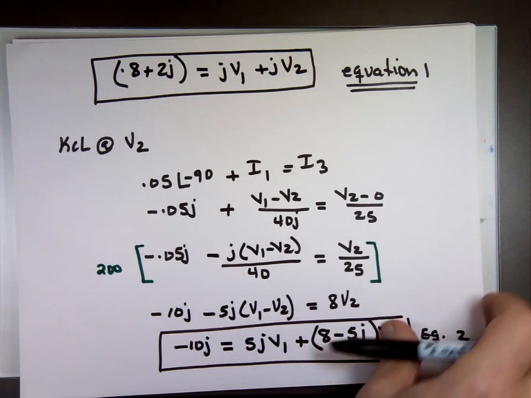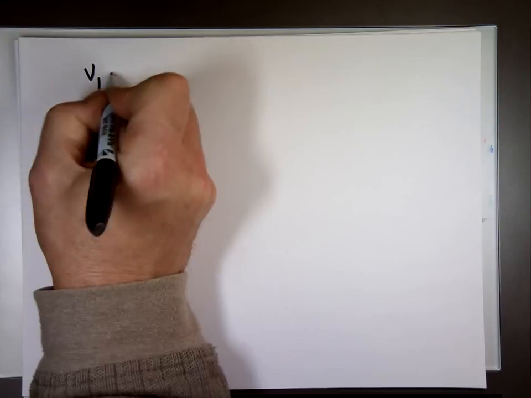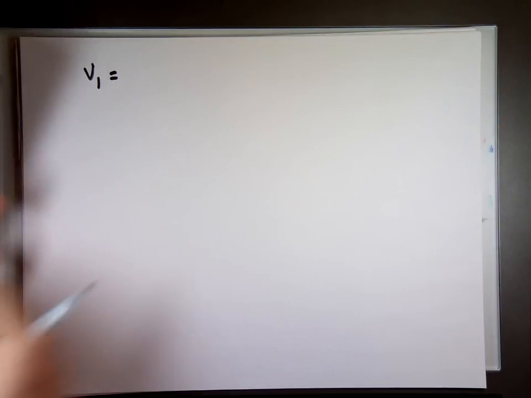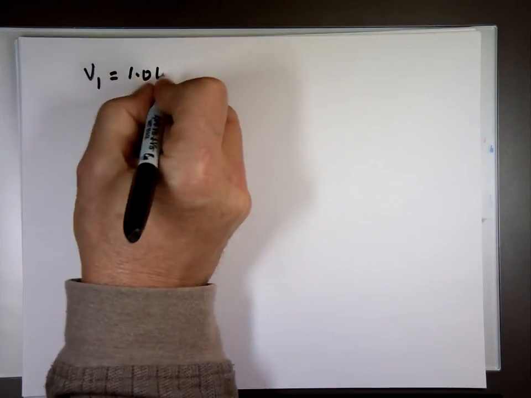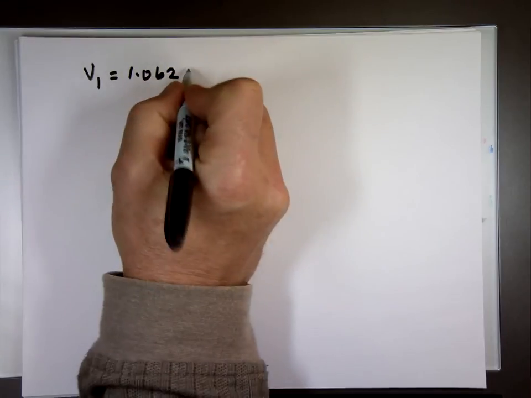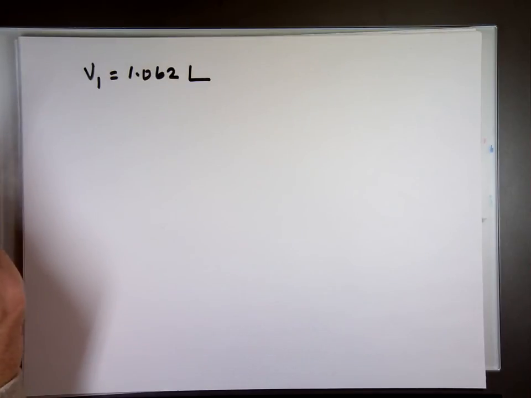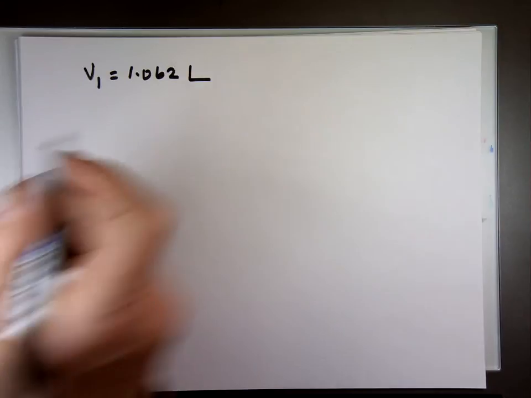So V1 has complex value. It's 1.062 roughly, angle 23.3.